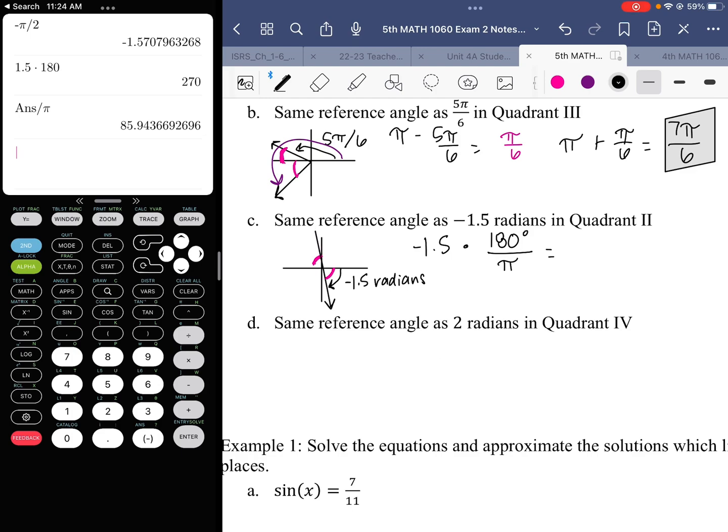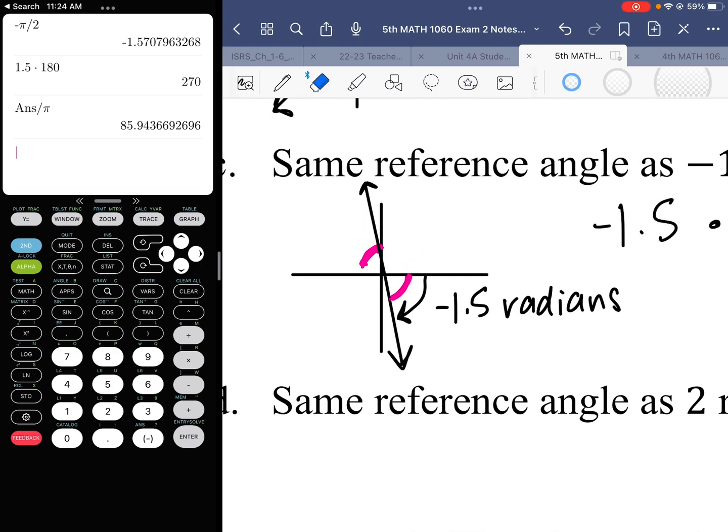Sorry, I'm trying to get it to line up, and it's not cooperating very much. So remember with this pink one, this is kind of misleading, so I'm going to erase that. So this reference angle would be here.